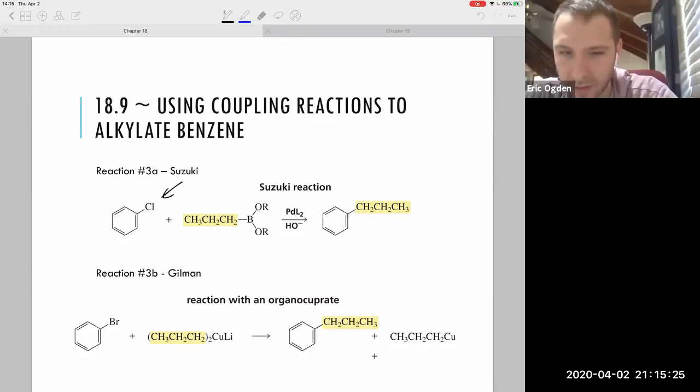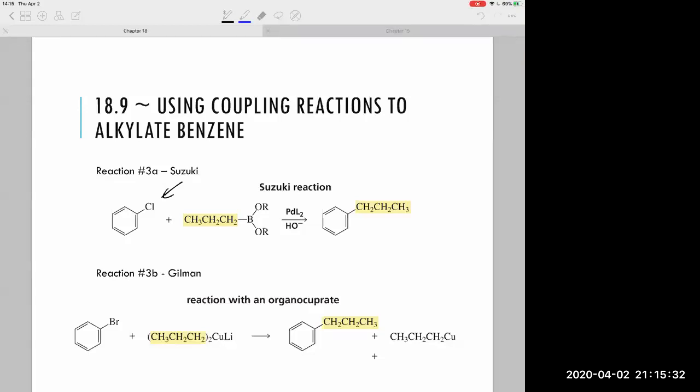Will Gilman's not react with benzene because they're both essentially nucleophiles? Yeah, right. So Gilman will only react with alkyl halides. It's got to have that halogen group on there. And yes, absolutely, because the Gilman reagent is the one that's playing the role of the nucleophile.